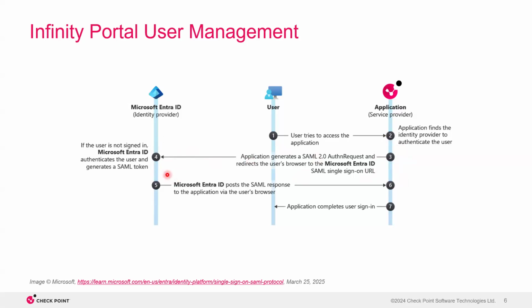If all of that passes in this fourth step, Entra posts that SAML response back to the application here in step 5. The application receives that and says, all right, I see I have my session token that's been provided by Entra. I am now cleared to authenticate and allow that user to log in, which is what happens here in step 7. So it's a really delicate dance between these two different entities.